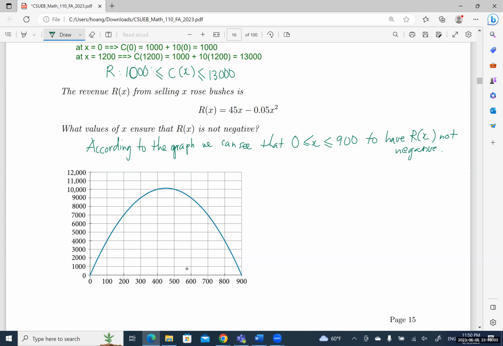Okay. So if you want to make sure by hand, you can solve for this, but Desmos actually can help us with that. So it's not necessary for us to work on it.